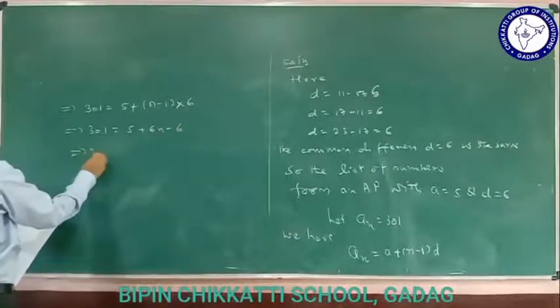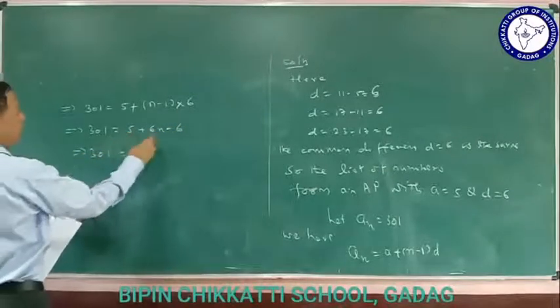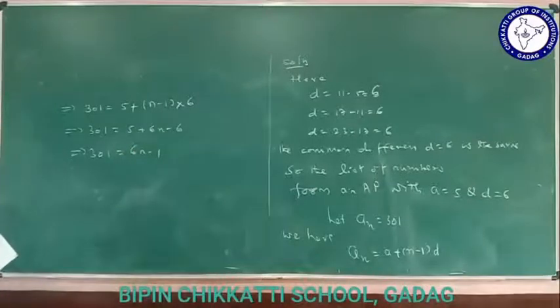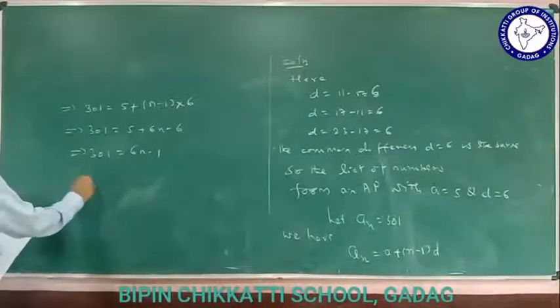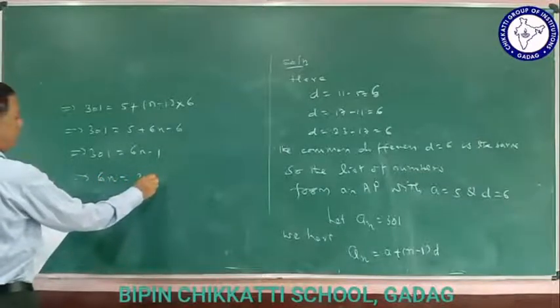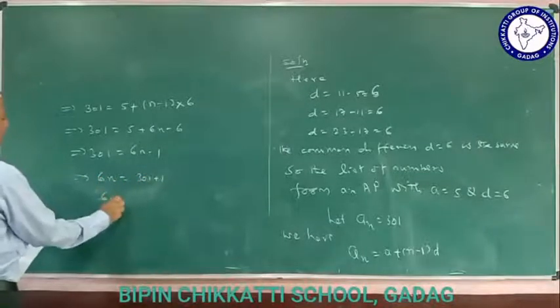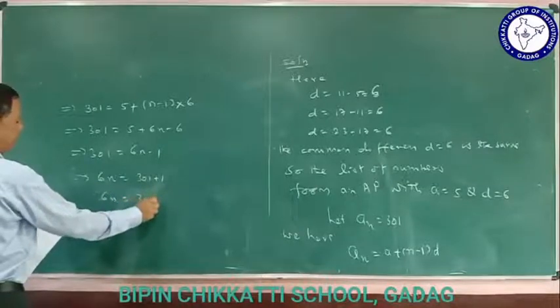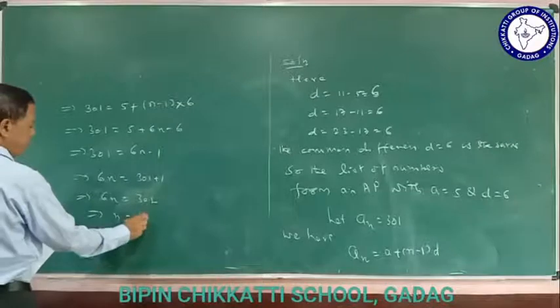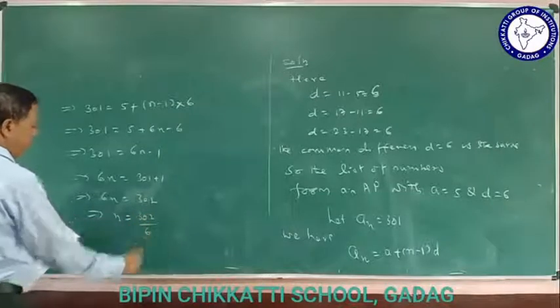This gives 6n minus 1 equals 301, and here you have to see that 6n is equal to 301 plus 1. 6n is equal to 302. n is equal to 302 divided by 6.